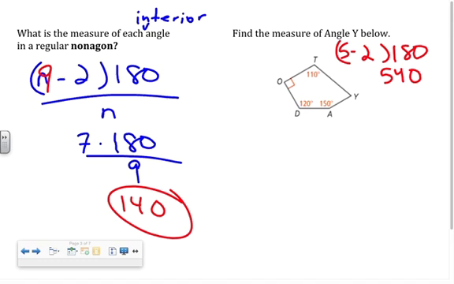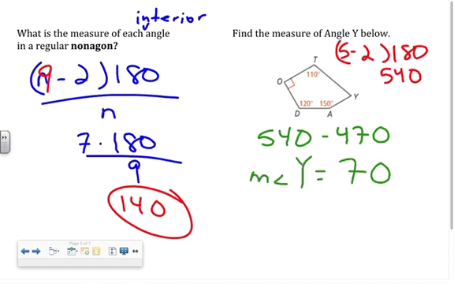You have to realize it's there. Even though you don't see a number, you know that the number is 90. And then you subtract that from 540, and you get that y is 70.